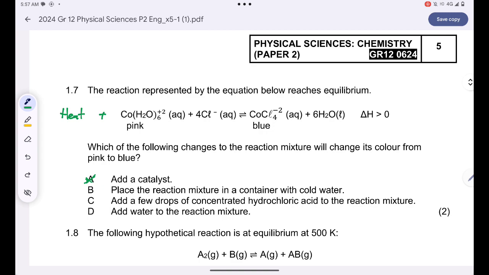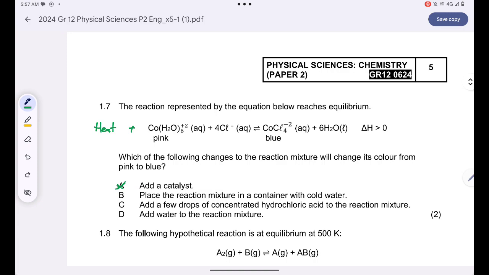Then if we place the reaction mixture in a container with cold water, we are trying to decrease the temperature. If the forward reaction is endothermic, that means the reverse reaction is exothermic. By decreasing temperature, I'm always favoring the exothermic reaction. So the color change will occur from blue to pink, and that's what I do not want. So this one is also incorrect.